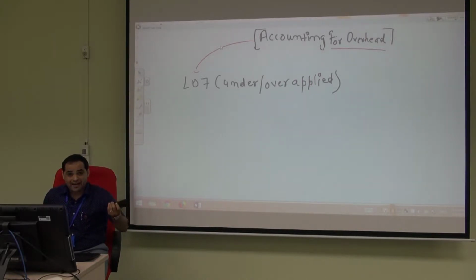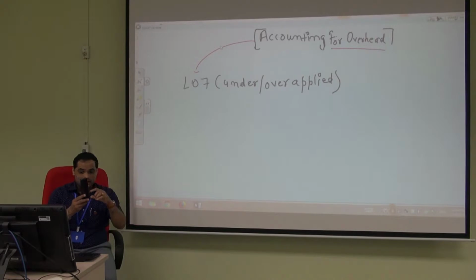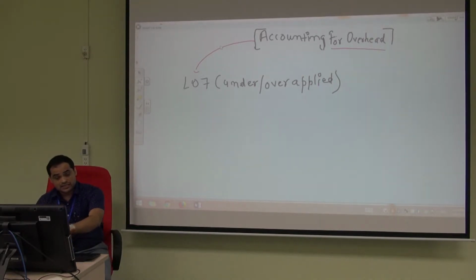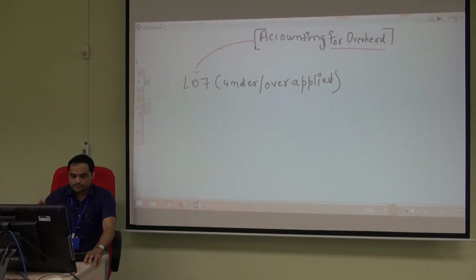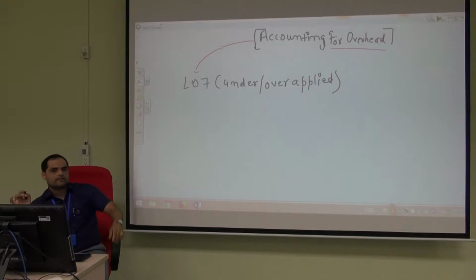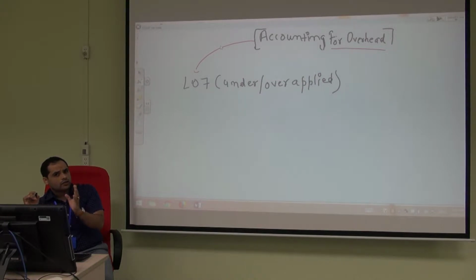So we plan how much money we are going to spend here, and we use that number to complete the cost. Remember learning outcome 4, when I explained it, I drew the various T accounts, and I also said that when we are calculating the total factory overhead in work in process, we do not write it as total factory overhead.